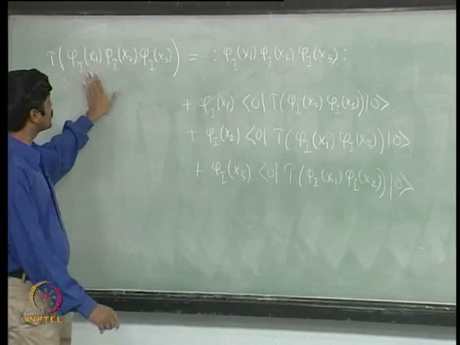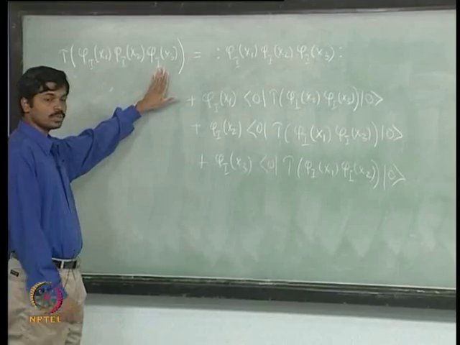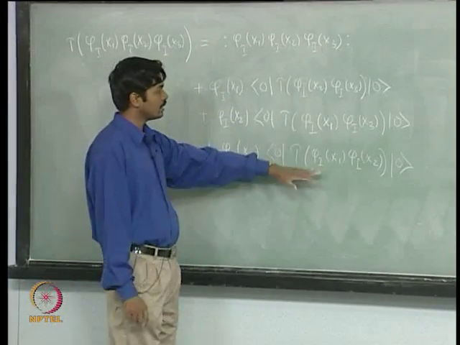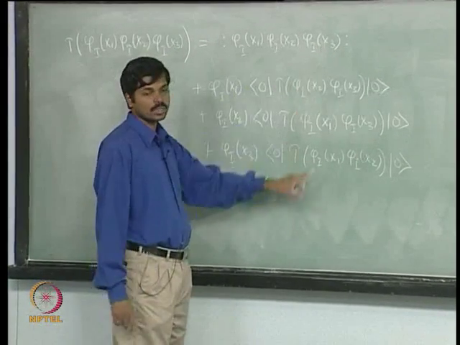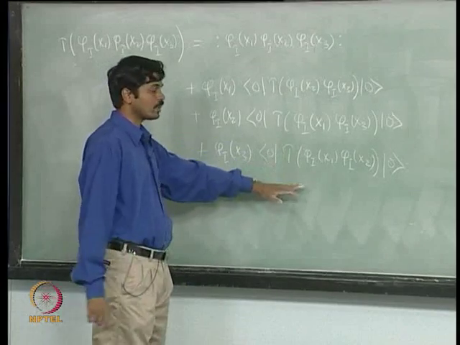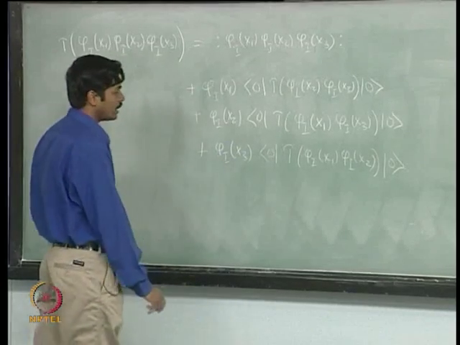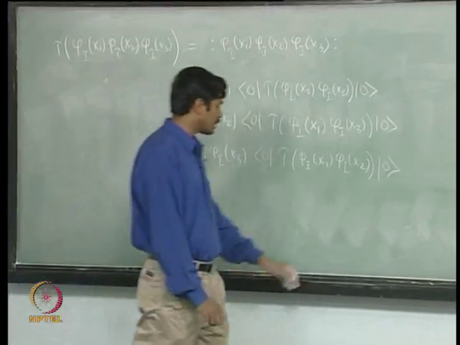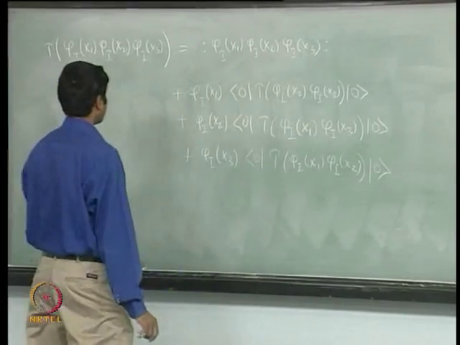So, this involves the time order product of 3 of these operators. Here you get them in terms of the normal order product and then the vacuum expectation value of these 3. In general, what you can do is introduce this idea of contraction.